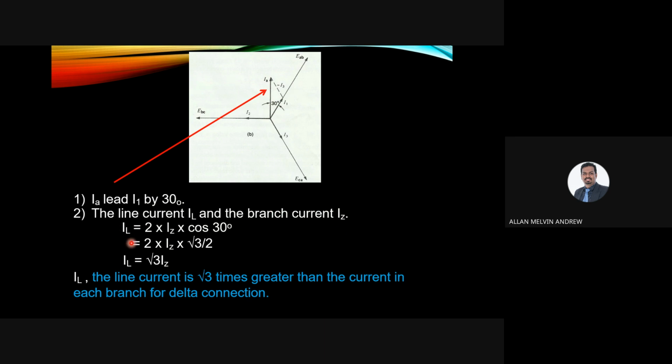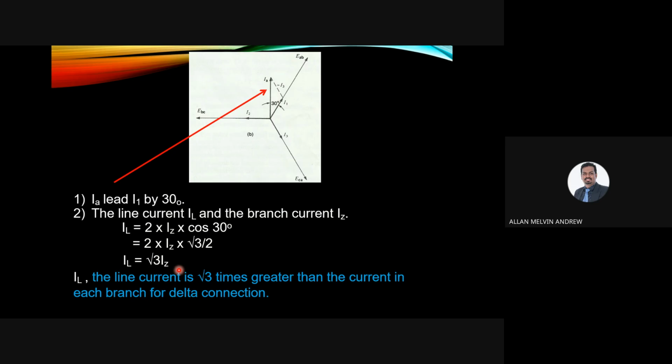So IL equals 2 times IZ times cos 30, similar to the previous formula. So you get 2 times IZ times square root of 3 over 2. Once you solve this, we know that IL equals square root of 3 IZ. IL, the line current, is square root of 3 times greater than the current in each branch for delta connection.